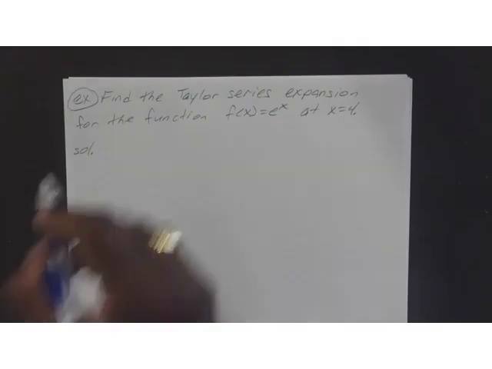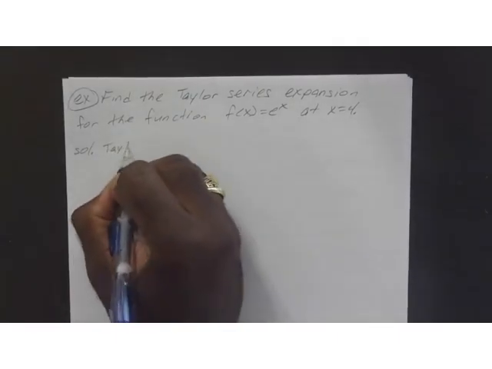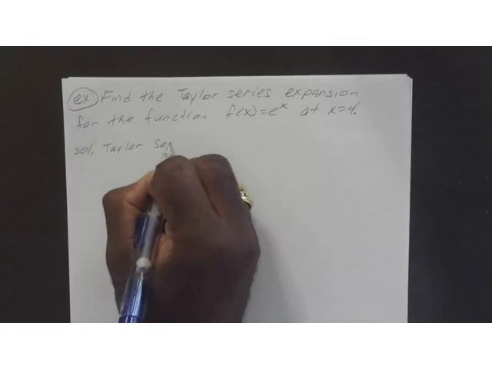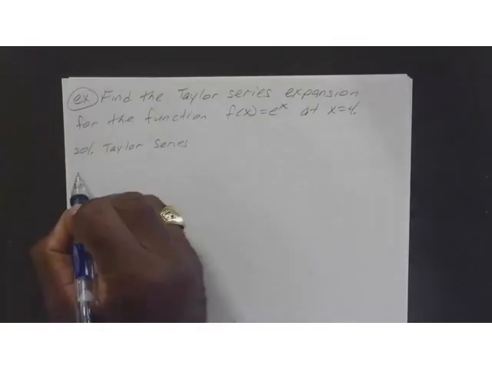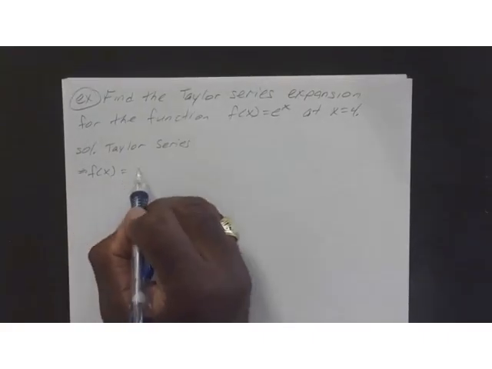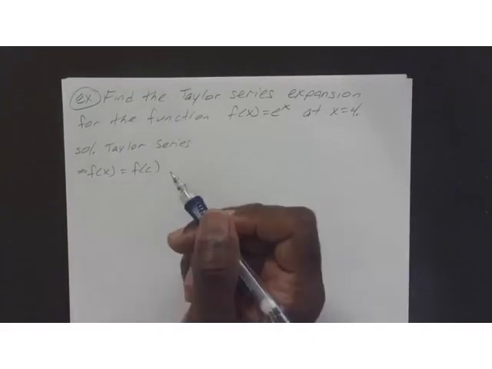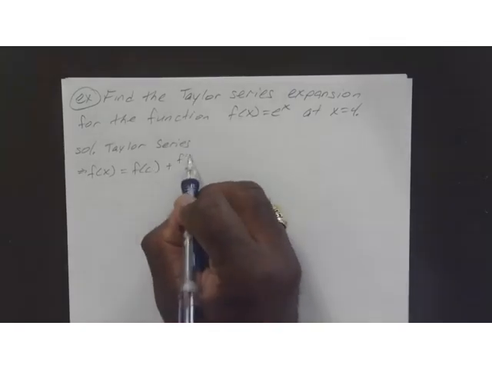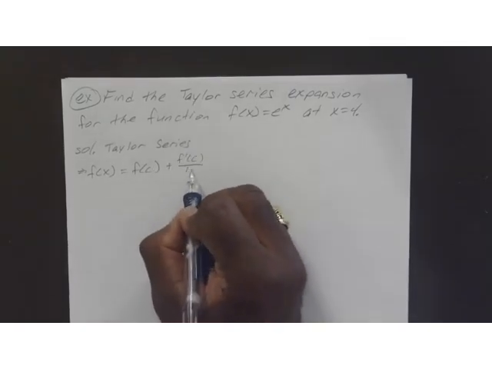So we know that our Taylor series is f of x is equal to f of c plus f prime of c divided by 1 factorial.